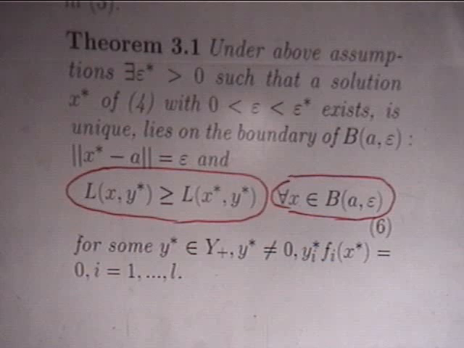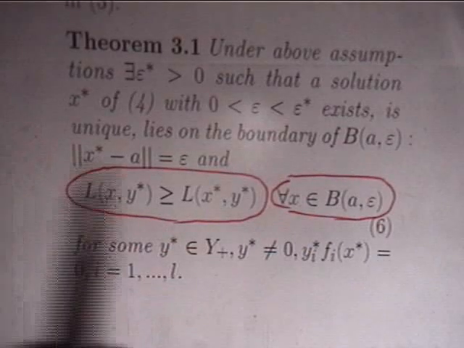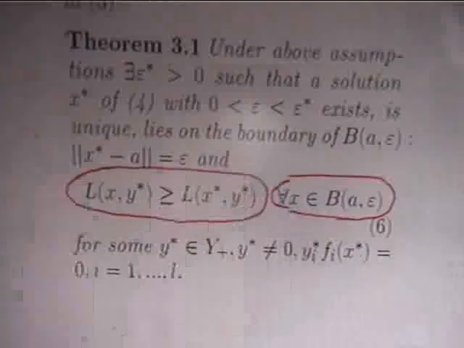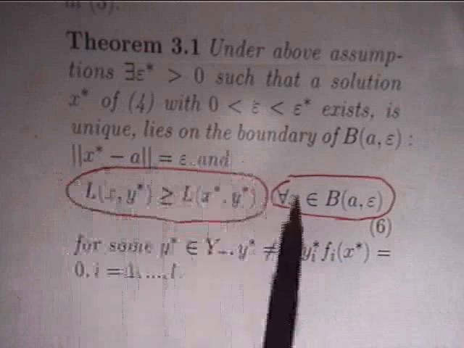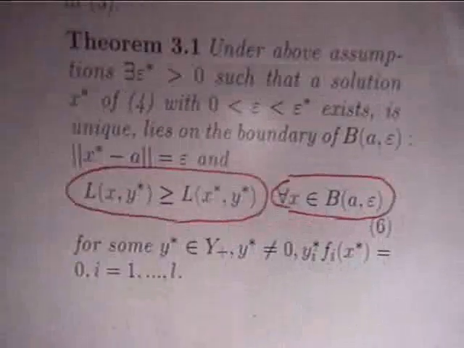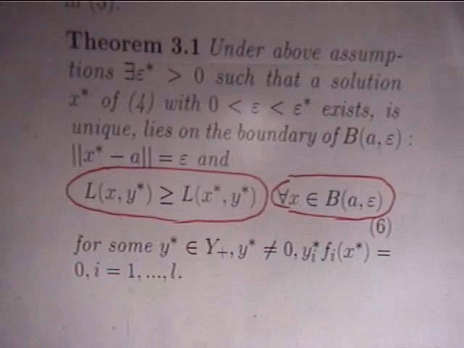All functions were non-convex, but still we have this duality result, exactly the same as in the convex case. But not exactly, actually. We have this inequality just for points in a ball centered at the point A.